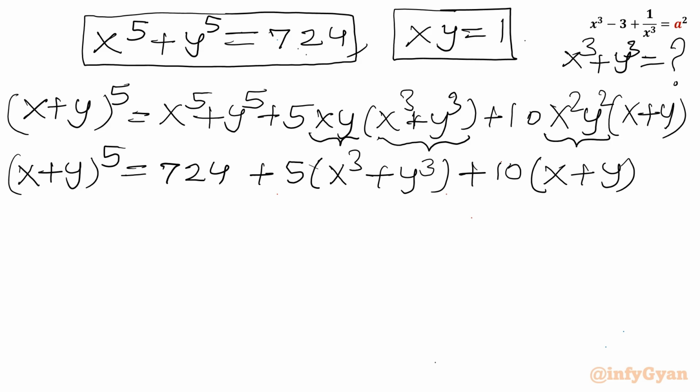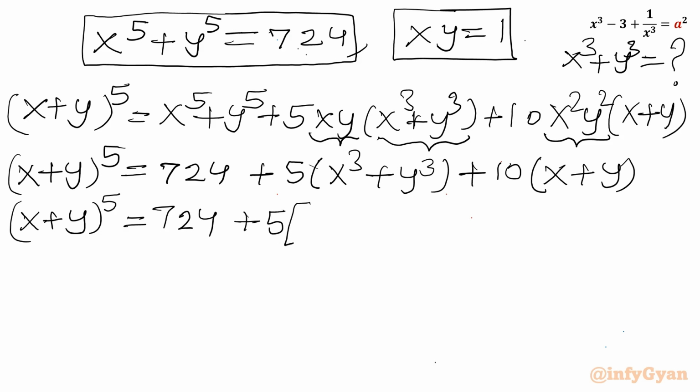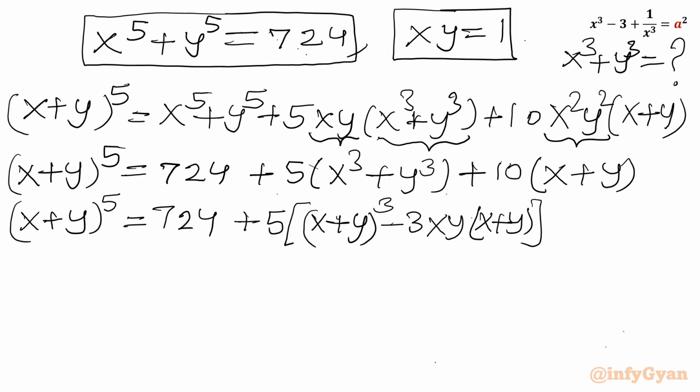So I will write (x + y)^5 = 724 + 5 times, now I can use the algebraic identity (x + y)³ − 3xy(x + y), and then we have 10 times (x + y).